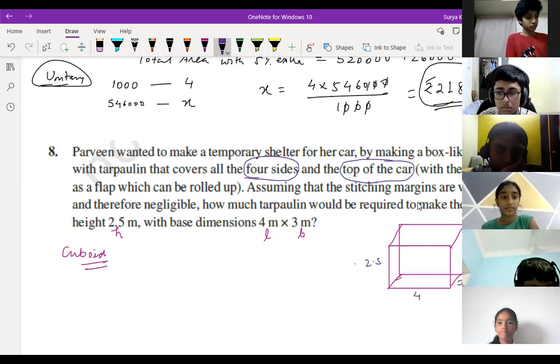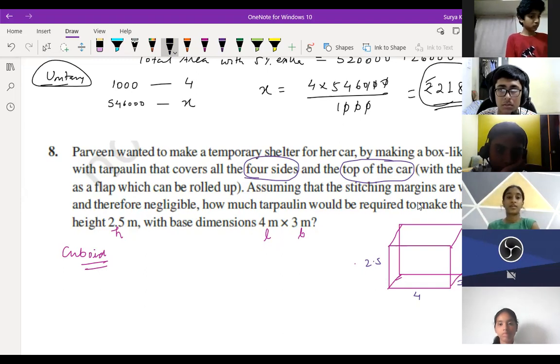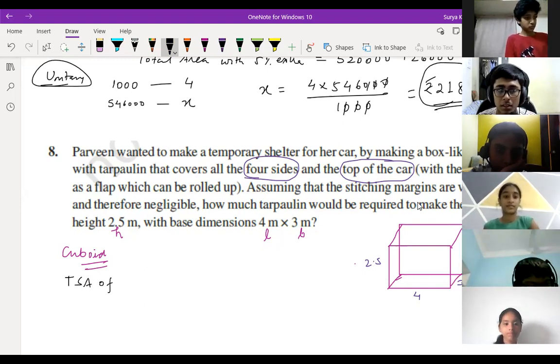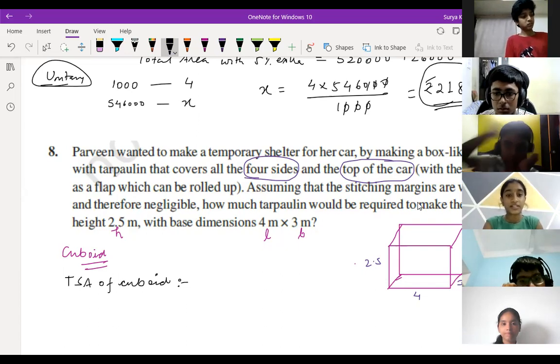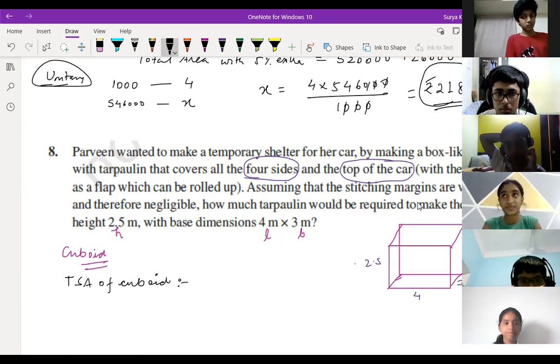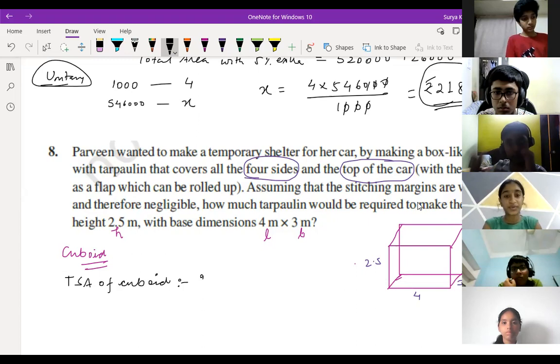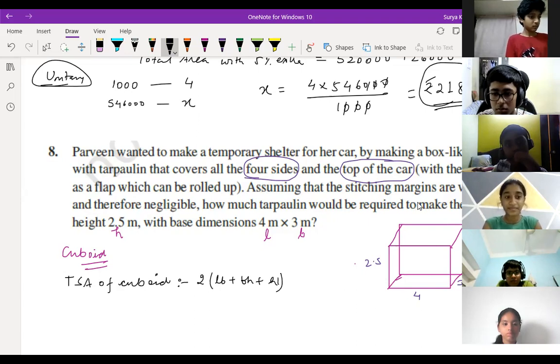Okay, tell me the total surface area of the cuboid, Taruni, if you know that. Sir, 2 into LB plus BH plus HL. Okay, this is the total surface area of the cuboid, in which we don't want the base.